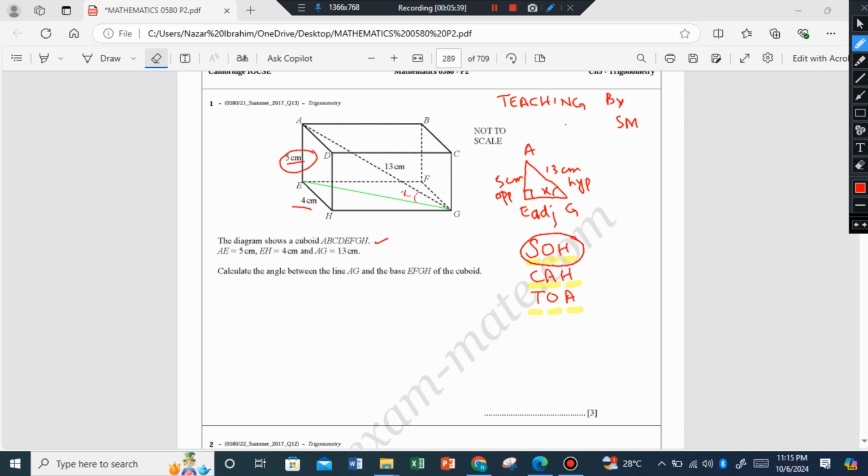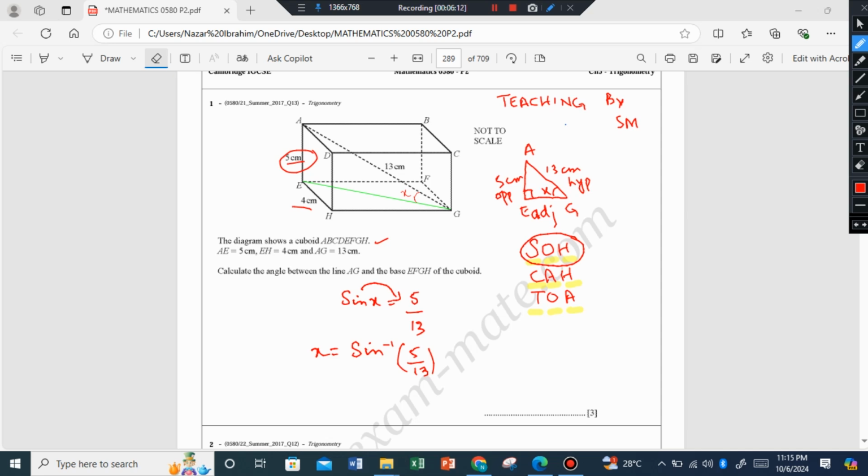So applying sine, sine x is equal to opposite, which is 5 centimeter, over hypotenuse, which is 13 centimeter. Now to take out angle x, sine will go over there. It will be sine inverse 5 over 13.